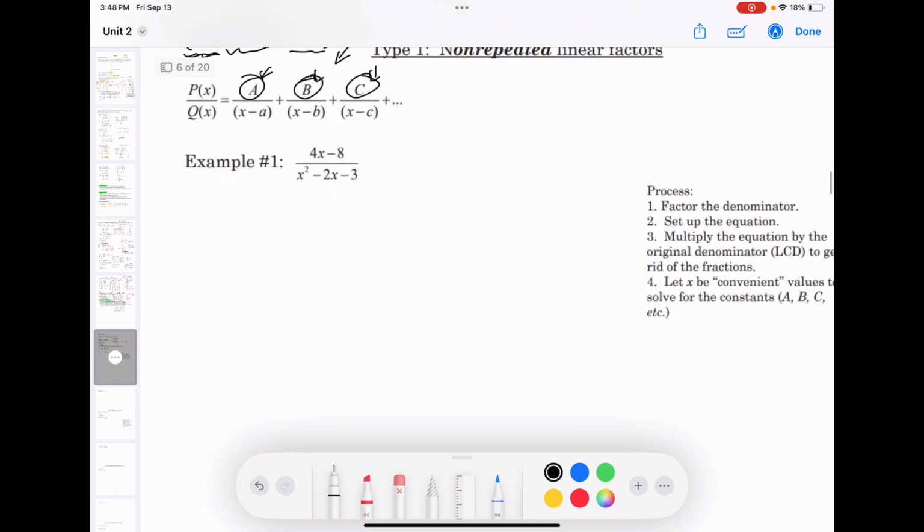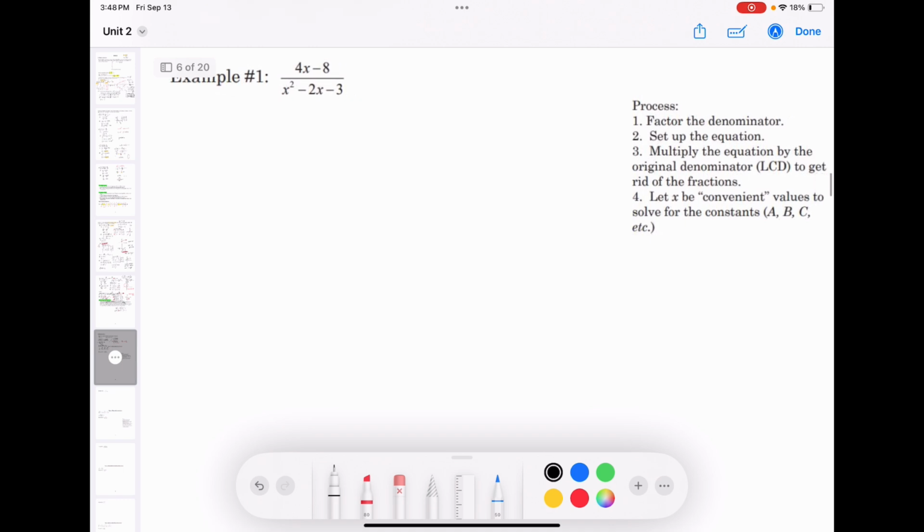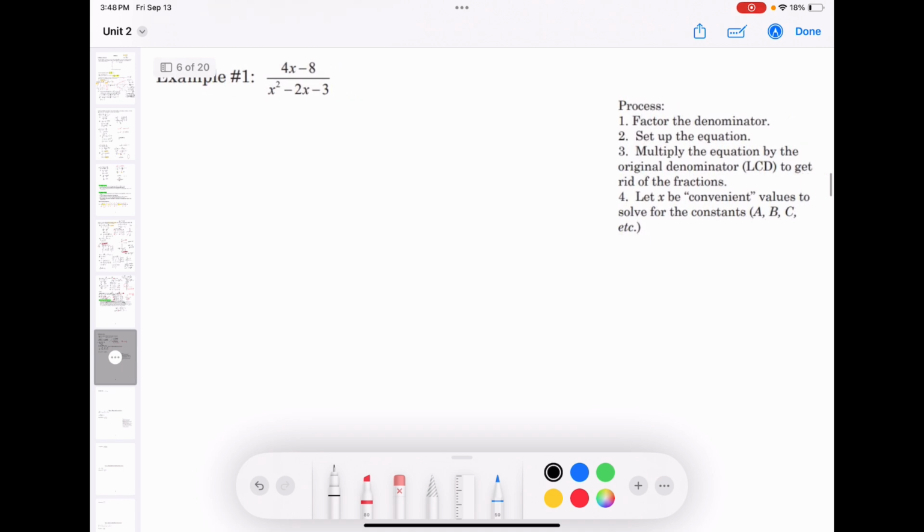Okay, let's see the first example. Example 1. Okay, the bottom is x squared minus 2x minus 3. That means I can factor it. For example, I factor it. And then it can be written, this is my first factor. I should use the AC method.